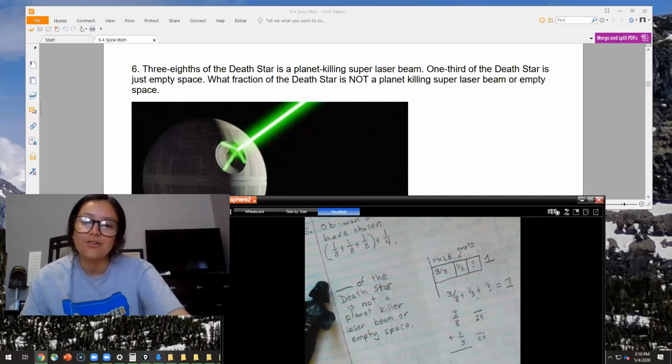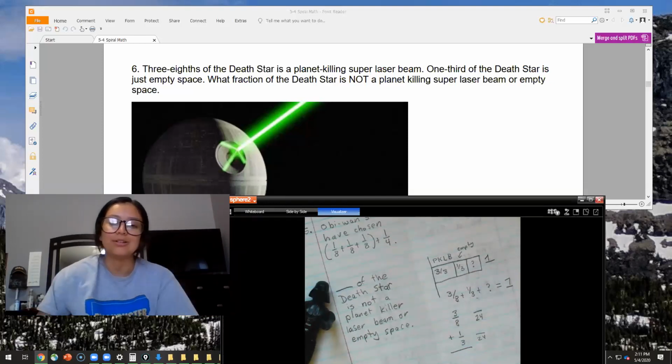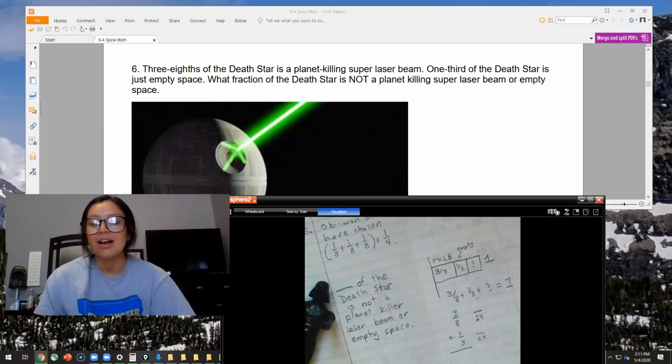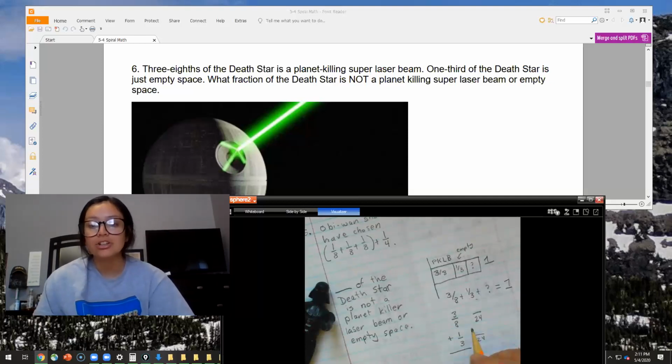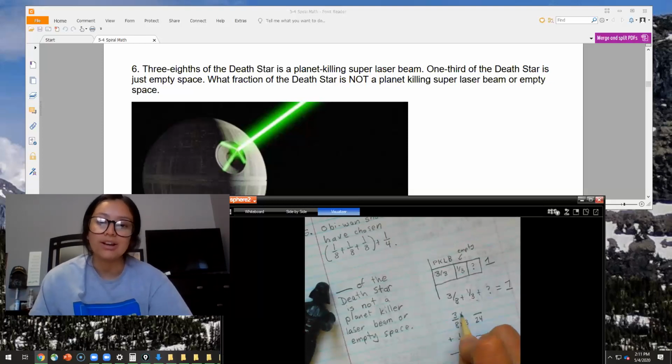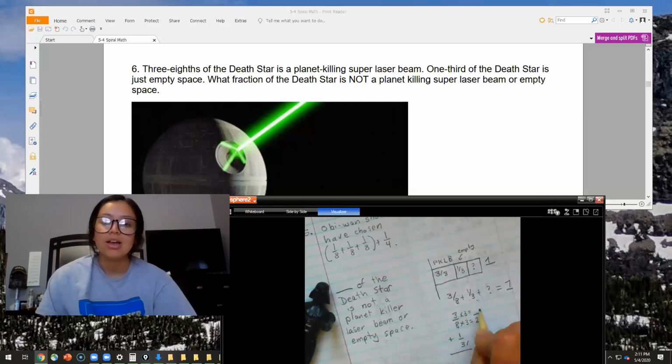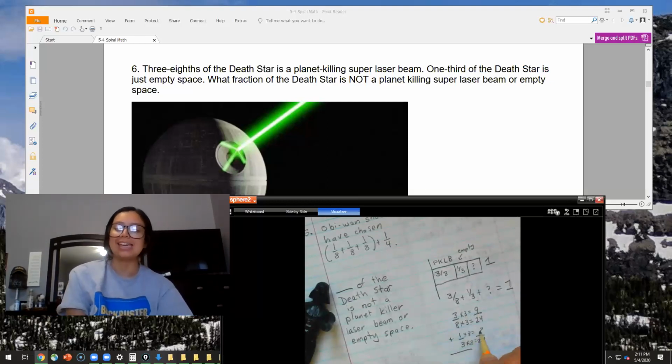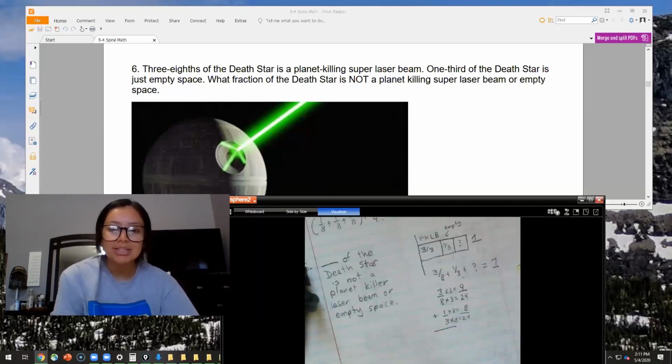We want to multiply our top fraction by 3, because that's how we got to 24. So 8 times 3 got us the 24, and then 3 times 3 gives us 9. And on the bottom fraction, we want to multiply by 8. So 1 times 8 gives you 8.